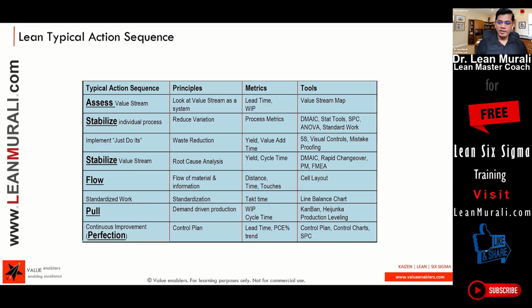The simple way of explaining the pull is sell one, make one, then buy one. That's a simple way of explaining the pull system, which means don't go too much into batches. As much as possible, reduce the batches. And the ideal is single piece flow, which may not be possible in all circumstances due to technology limitations, due to batch limitations, and so on and so forth.